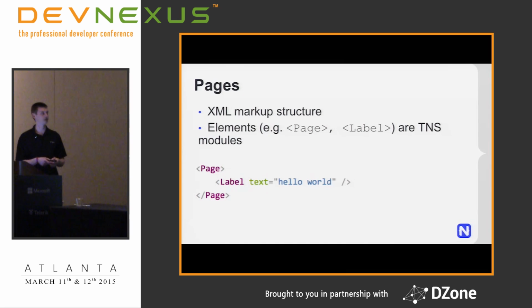Another cool thing, though, I mentioned earlier about the NativeScript runtime and how everything builds on top of it, is that each of these elements that you see here, these page and label elements, are actually also NativeScript modules. So you could dive into them and you can find the same implementations of them.